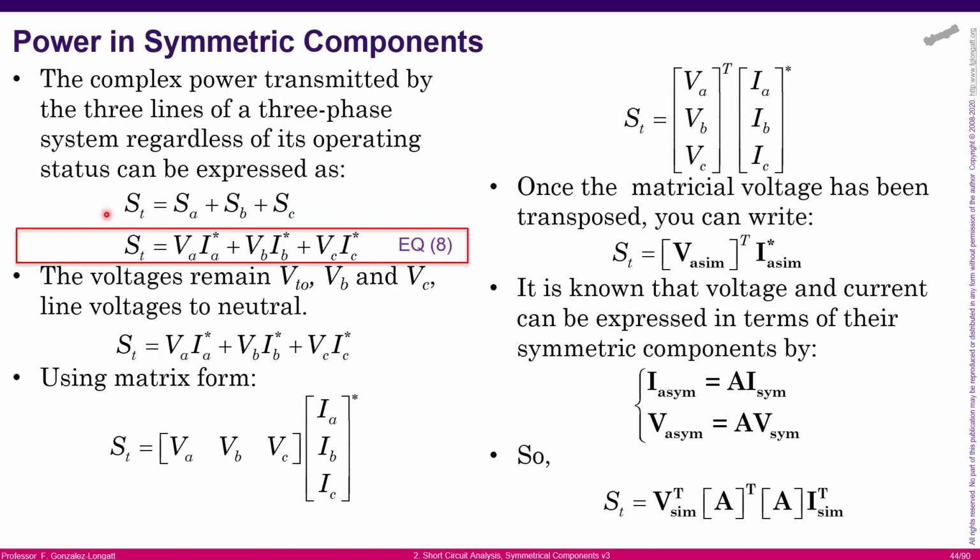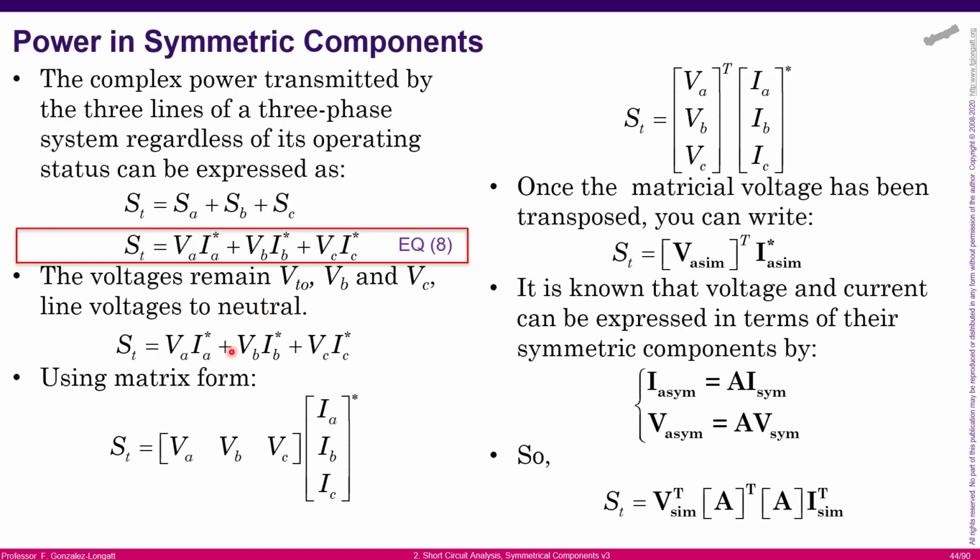The total power in this three-phase unbalanced system will be the power on phase A plus B plus C. That is basically a property that works for unbalanced or balanced systems, okay? What we want to do now is see what happens if we apply symmetrical components. Well, let's do it, okay?